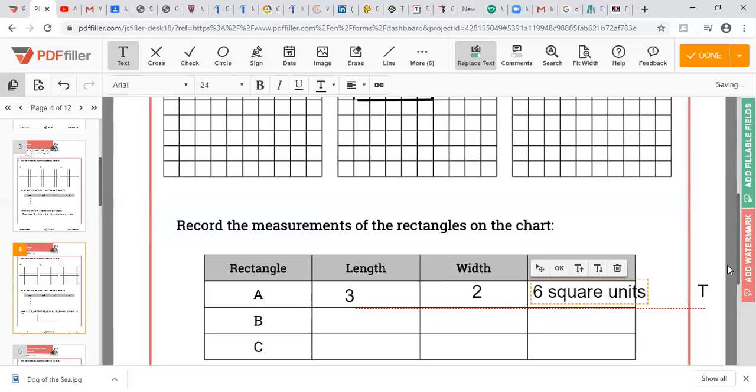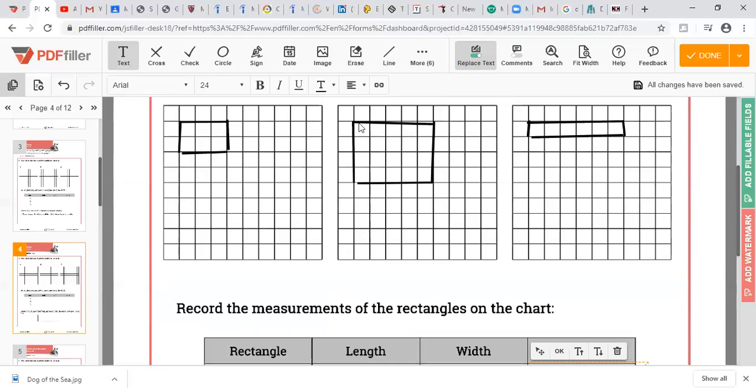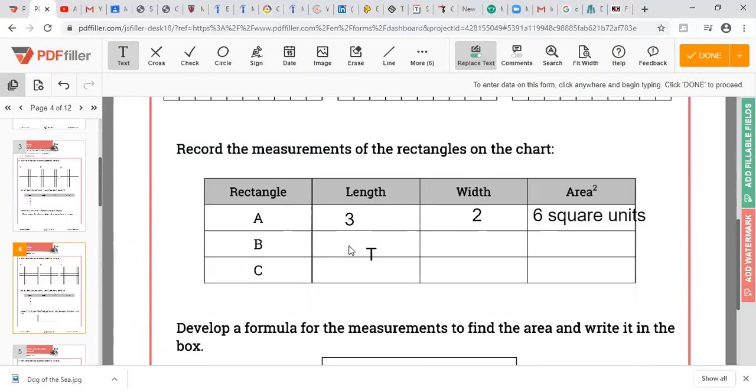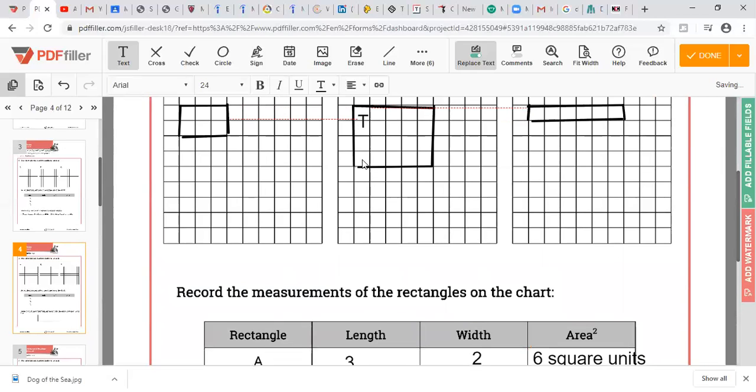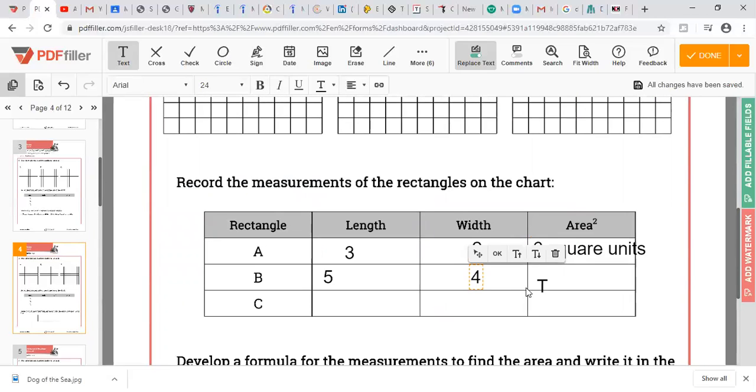Okay, let's look at B. Same thing. 1, 2, 3, 4, 5. My length is 5. My width, 1, 2, 3, 4. My area, when I multiply, 5 times 4 gives me 20.